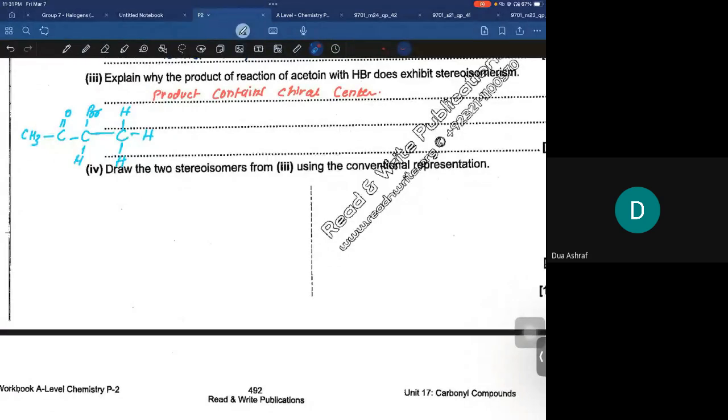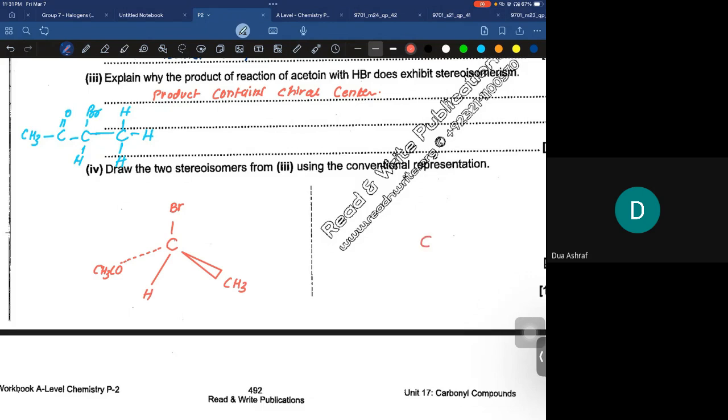So see this, it's carbon, it's bromine, it would be CH3CO, it would be H, it would be CH3.